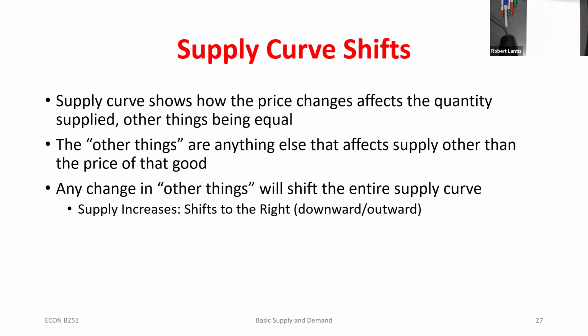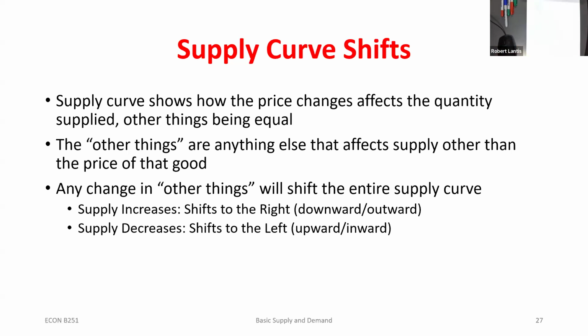I'll talk through this and give you some visuals in a second. But here is also where I think supply can be a little tricky, because an increase in supply, just like with demand, will be a shift to the right. This is why I don't like to use the words up and down when we reference shifts, because a shift to the right in supply actually looks like a downward shift.